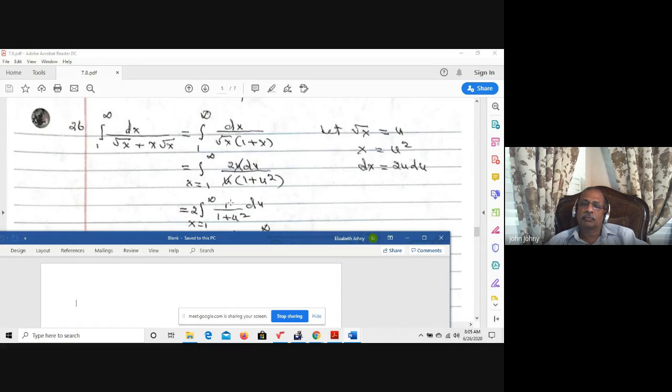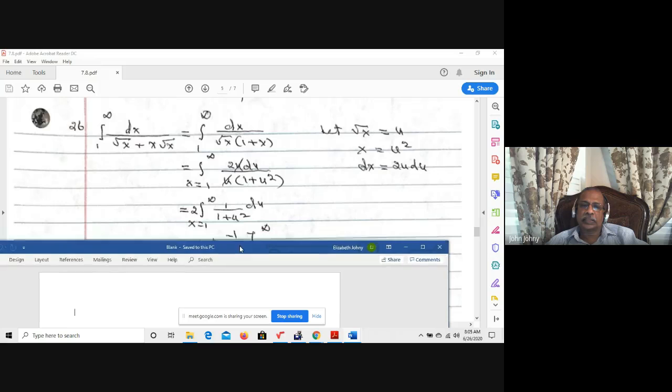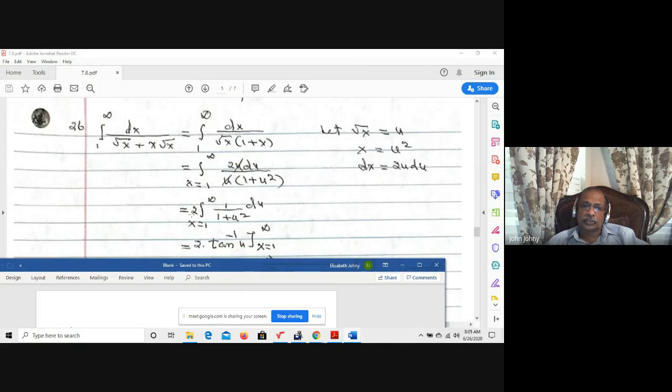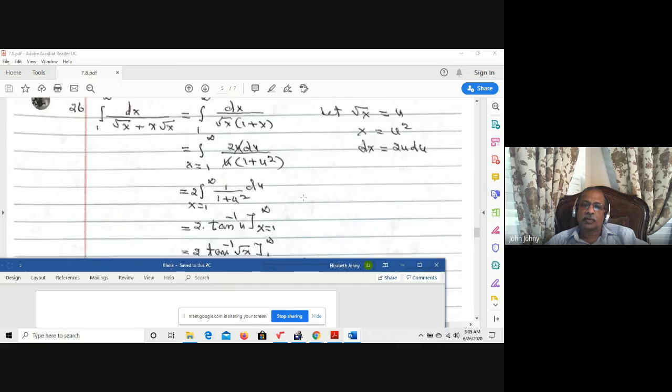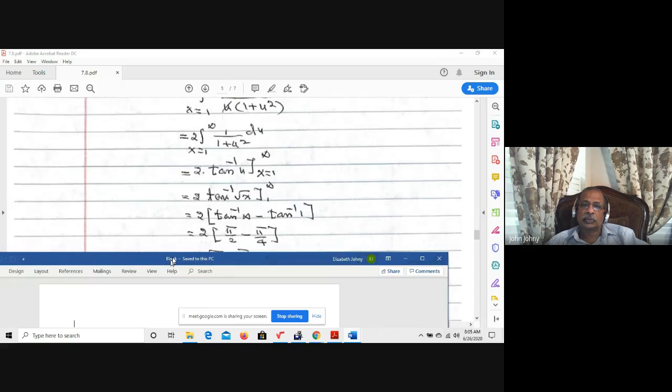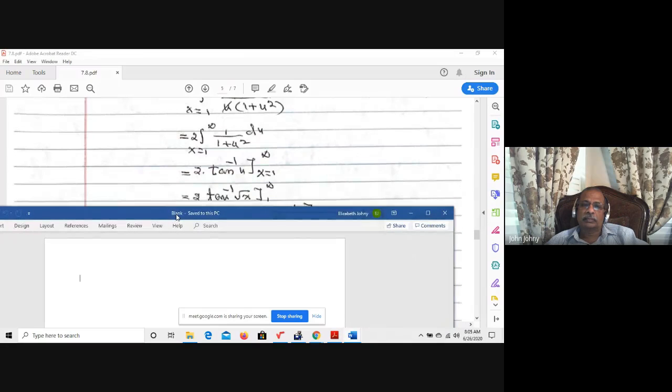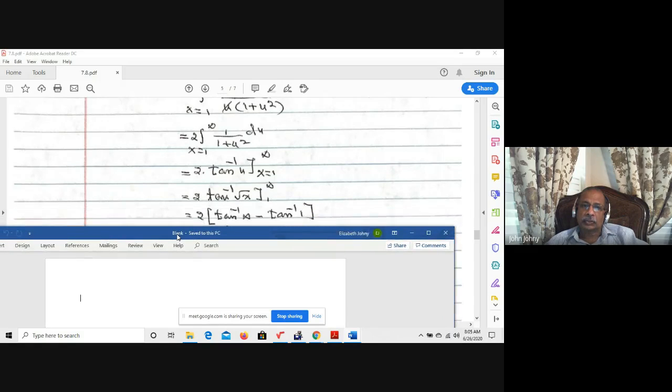And the antiderivative of 1 over 1 plus u squared is tan inverse u. So this is 2 times tan inverse u, as x varies from 1 to infinity. And so that is 2 times tan inverse of square root of x from 1 to infinity. So 2 times (tan inverse infinity minus tan inverse 1).